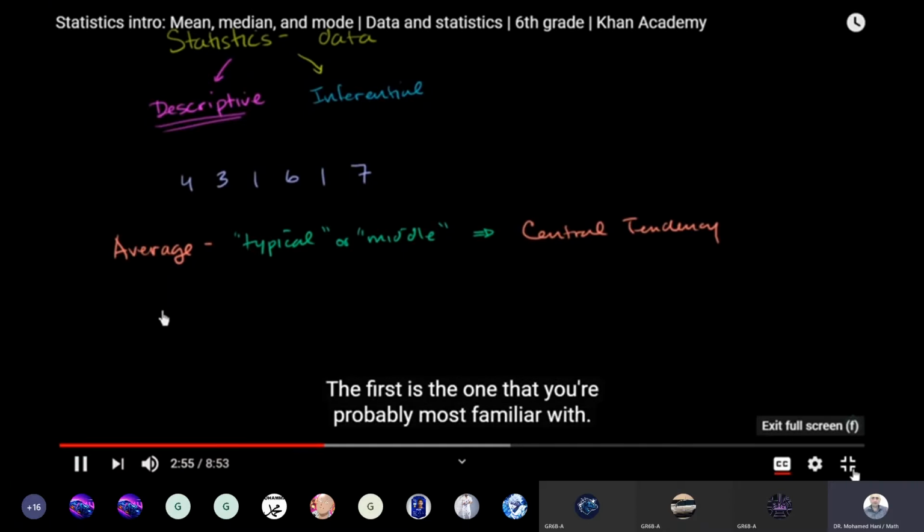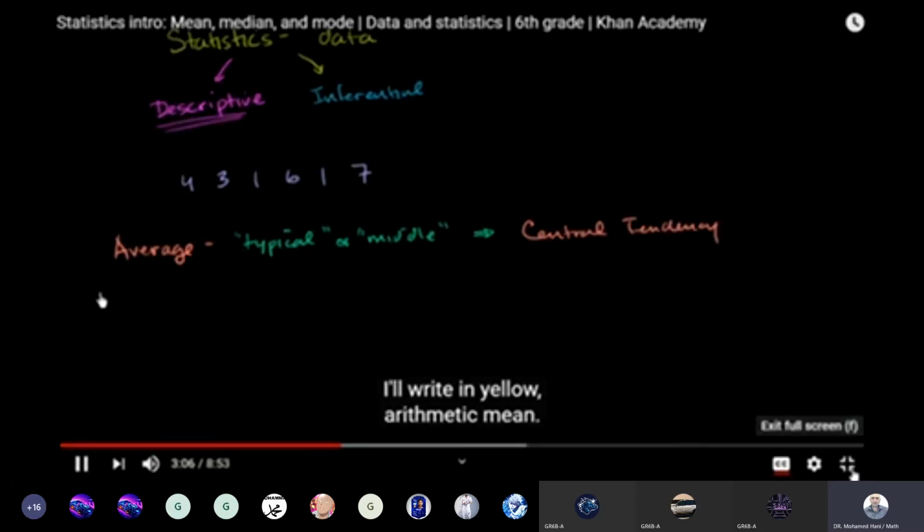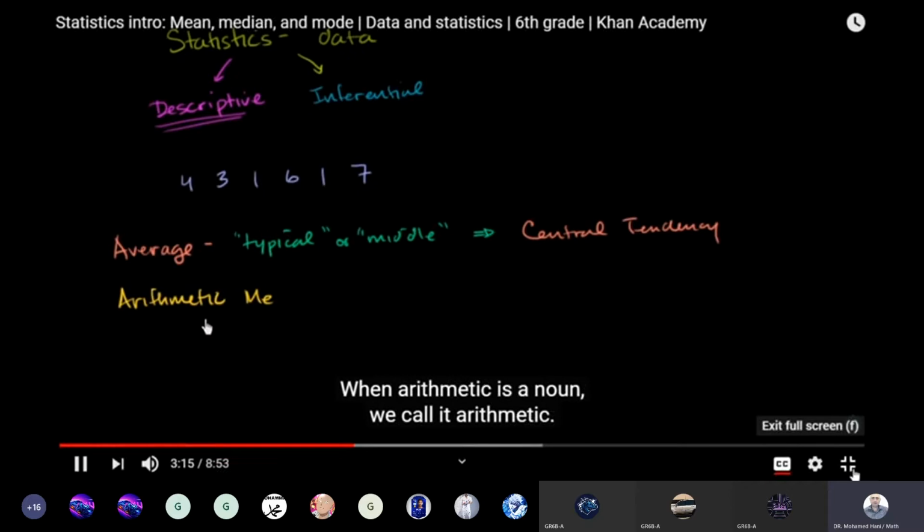The first is the one that you're probably most familiar with. It's the one when people talk about, hey, the average on this exam or the average height. And that's the arithmetic mean. So let me write it in yellow. Arithmetic mean. When arithmetic is a noun, we call it arithmetic.